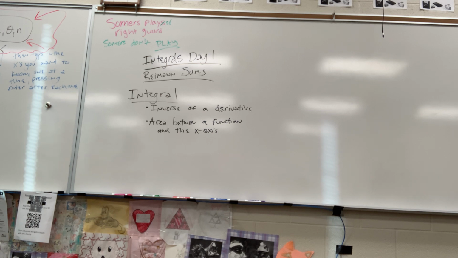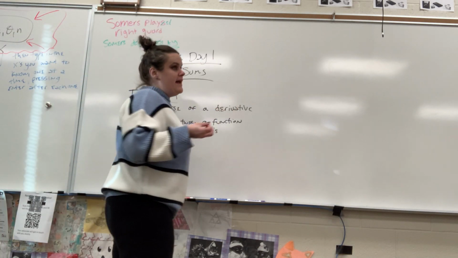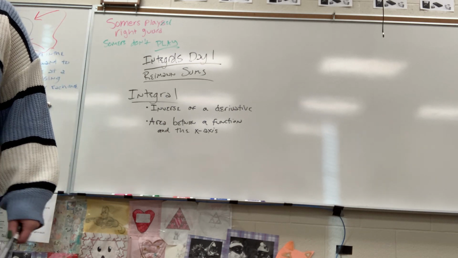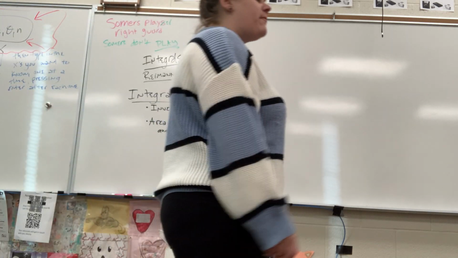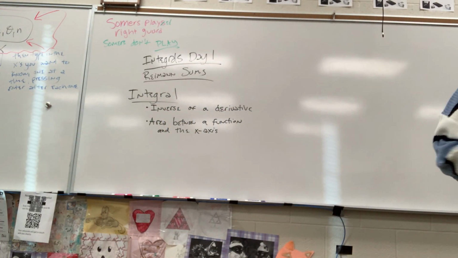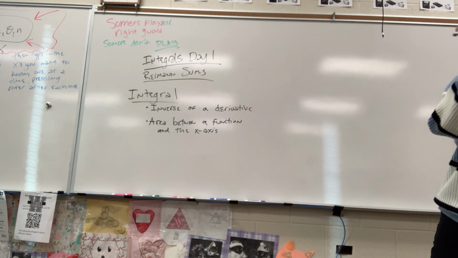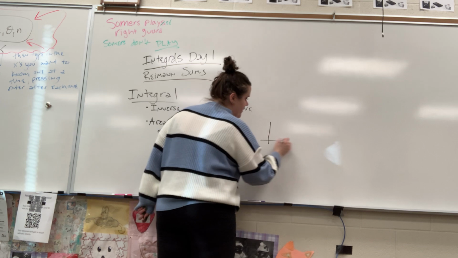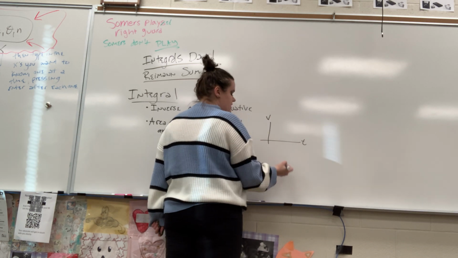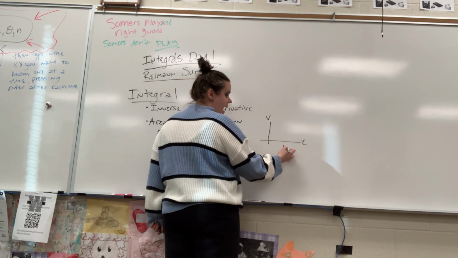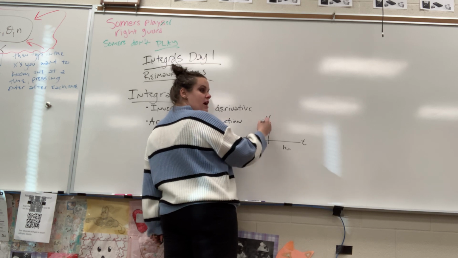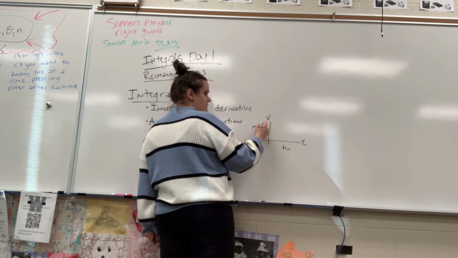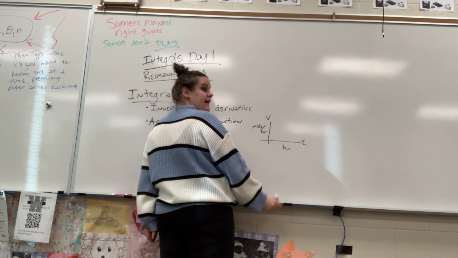So I want you to imagine it like this, okay? If I was thinking of it in the physical world, right? We normally think of velocity units like miles per hour, right? So if I want to go from velocity back to position, okay? If I have a time velocity graph, this maybe would be hours, the units, and this is velocity, so this would maybe be miles per hour, right?